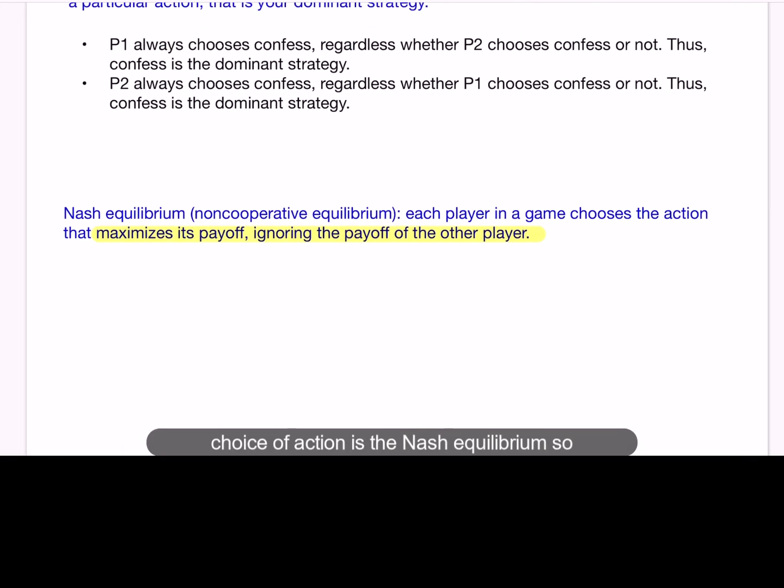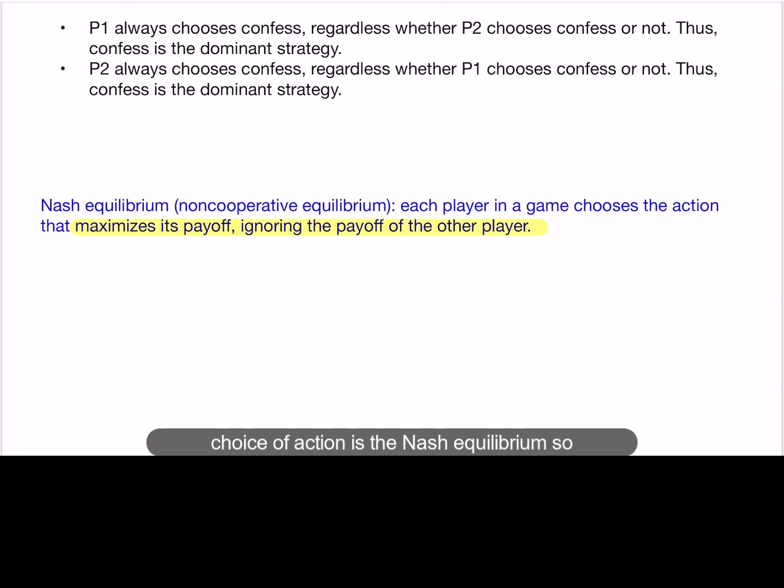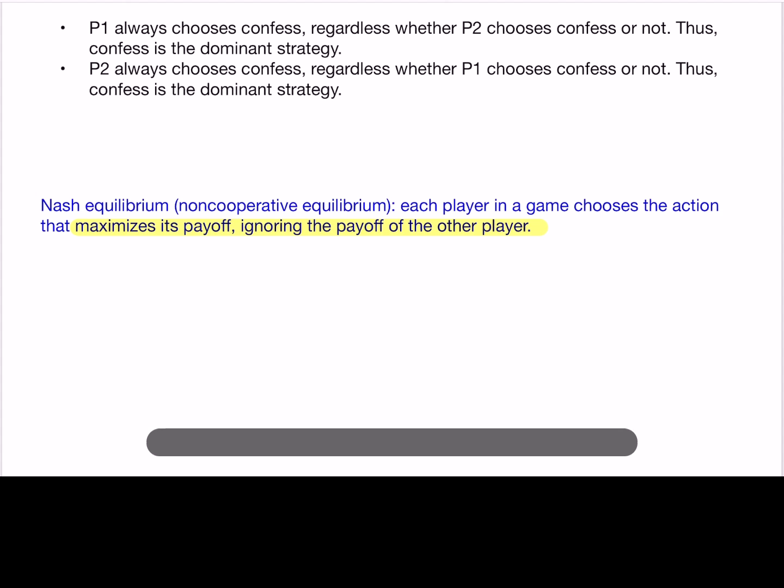So the choice of action is the Nash equilibrium. So Nash equilibrium is confess and confess.